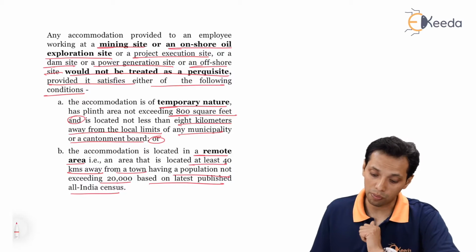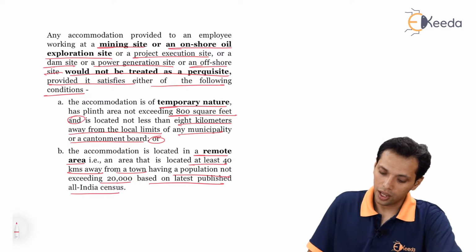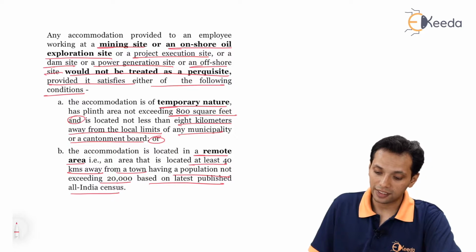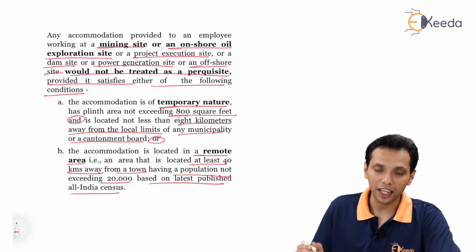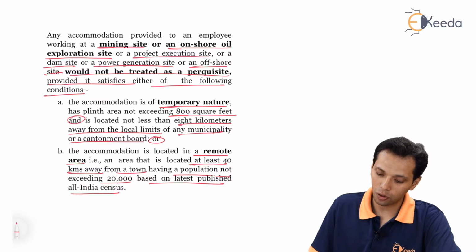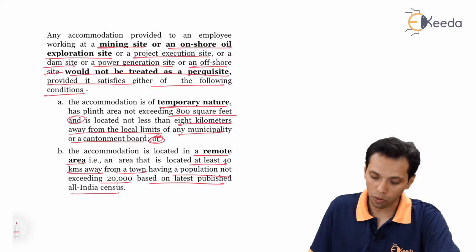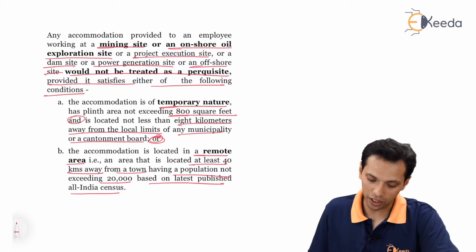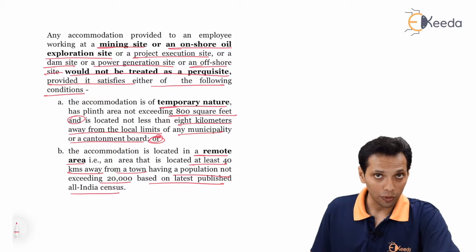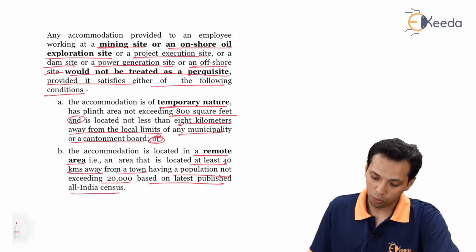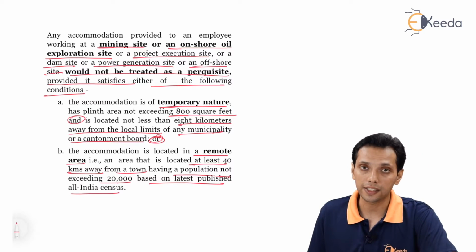The accommodation may be of temporary nature, has plinth area not exceeding 800 square feet and is located not less than 8 kilometers away from the local limits of municipality or cantonment board, or the second condition is the accommodation is located in a remote area, meaning the area is located at least 40 kilometers away from a town having a population not exceeding 20,000 based on the latest published All India census.